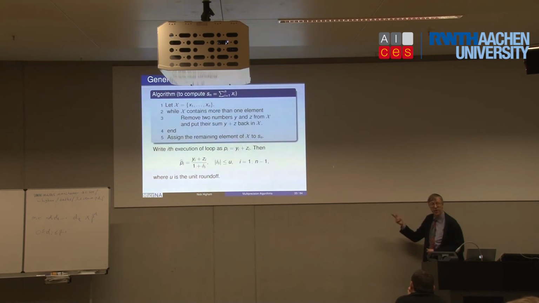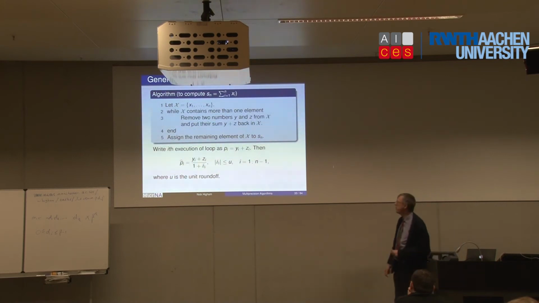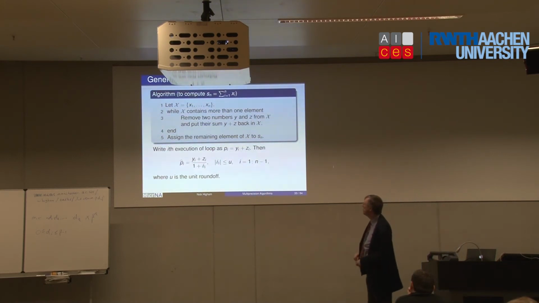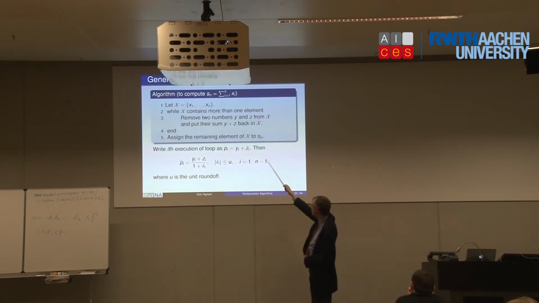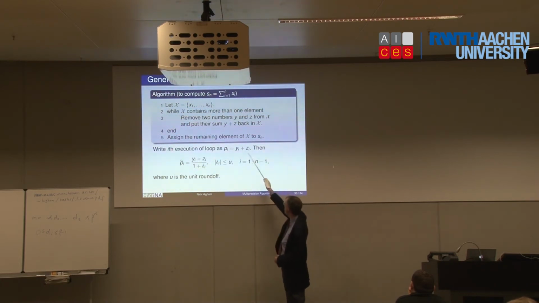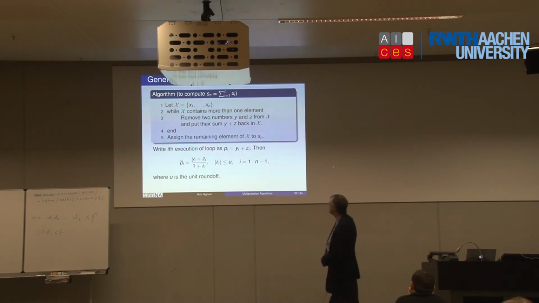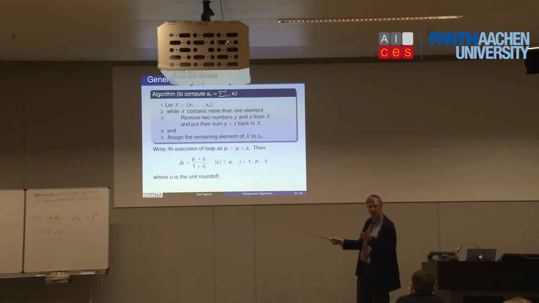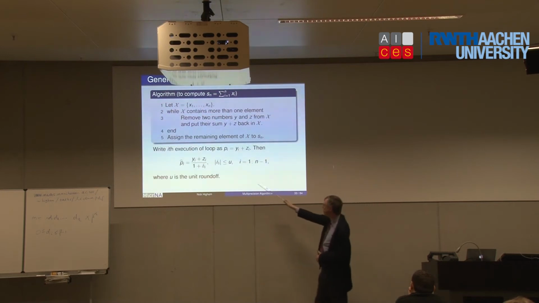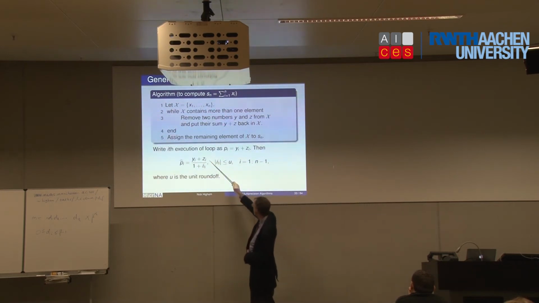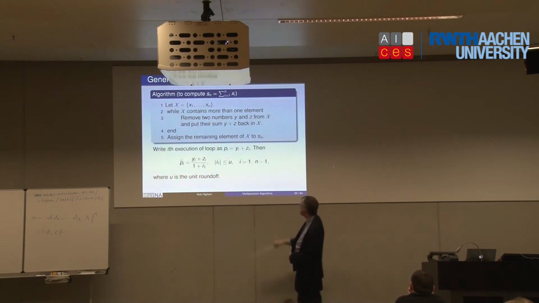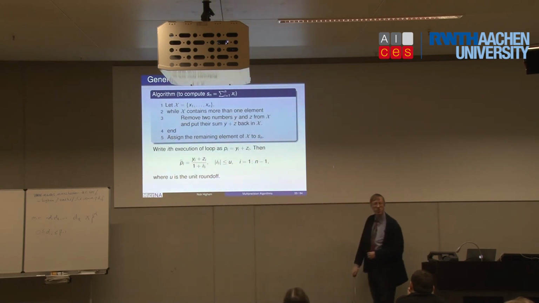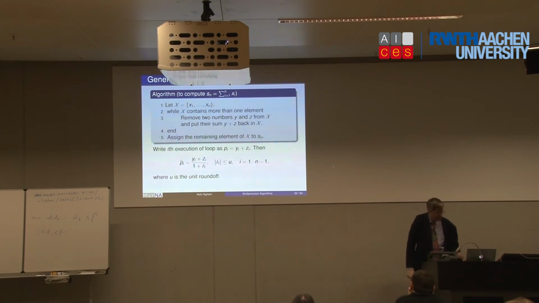But the nice thing is that the analysis of that algorithm is very, very easy, as I'll show you here. So let's look at the ith execution of the loop as adding yi and zi. And here I'm going to use the modified version of the model where I divide by 1 plus delta i rather than multiply. So this is the error in that addition. It's the delta i there. Okay, that's just the standard rounding error model.